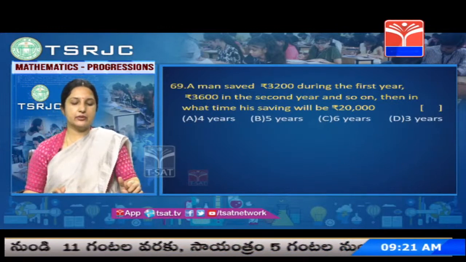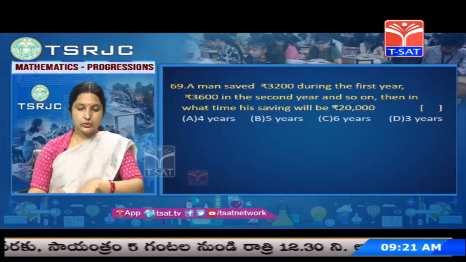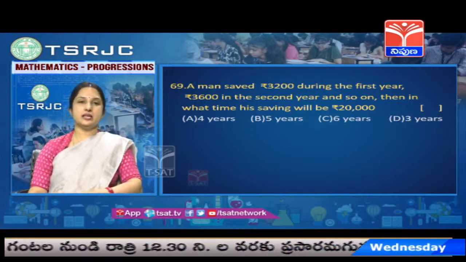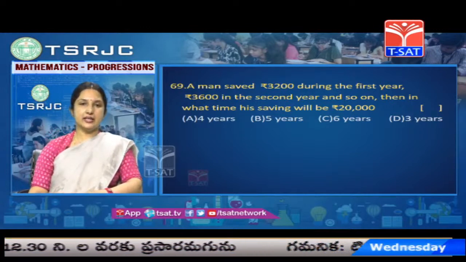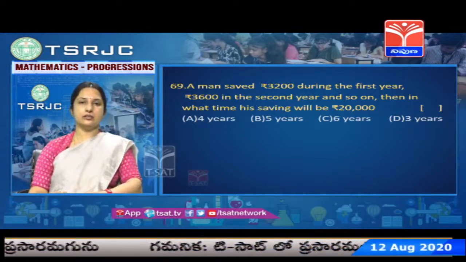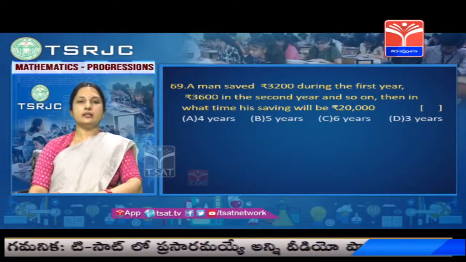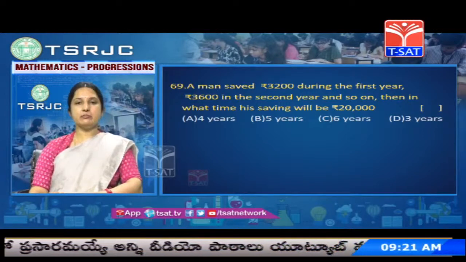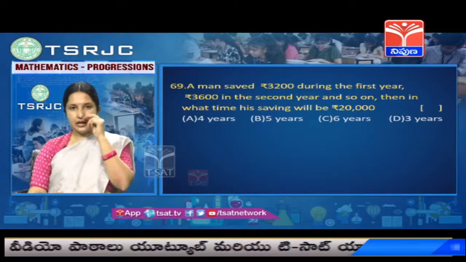Next, a man saved rupees 3,200 during the first year, 3,600 in the second year and so on. Then in what time will his saving become 20,000? In the first year how much did he save? He saved 3,200. In the second year 3,600, that is, he is increasing by 400 each year. They are asking in how many years his total amount will become 20,000.